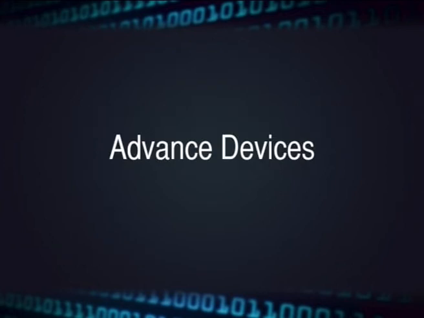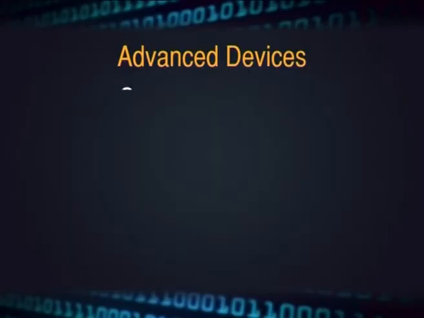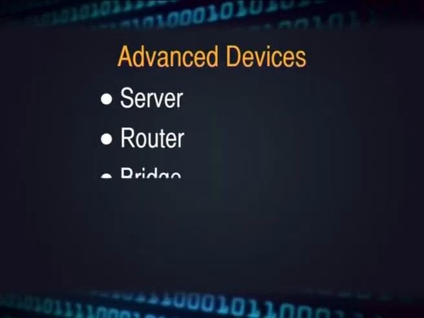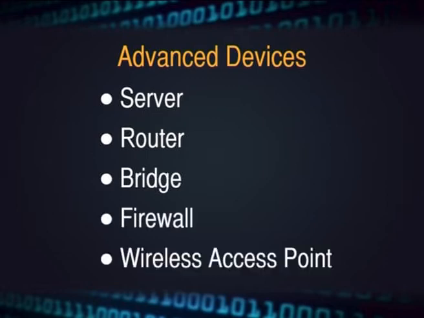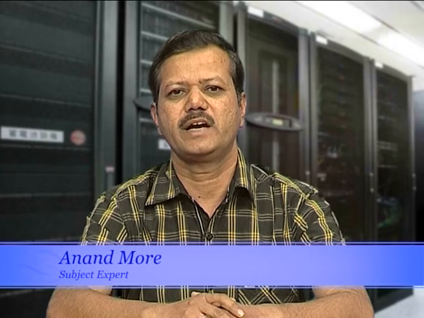Advanced devices: the commonly used hardware to develop large size networks along with the basic hardware devices are server, router, bridge, firewall, wireless access point. Students, before we start to understand networking hardware, we must understand terms like workstation, terminal, node, client and server.